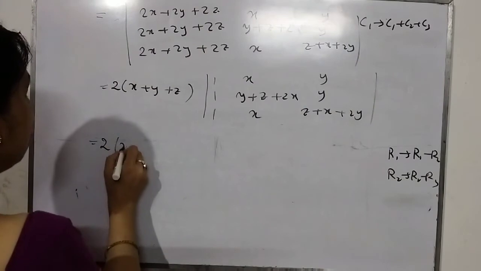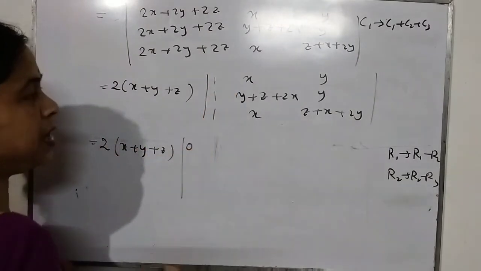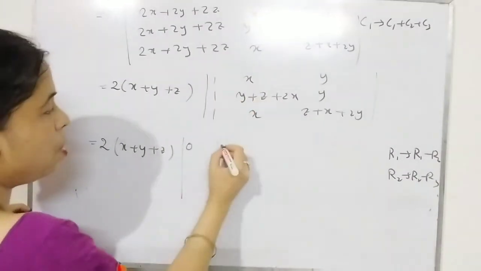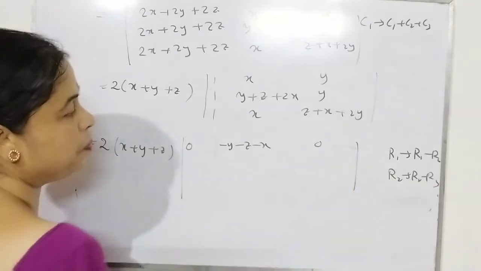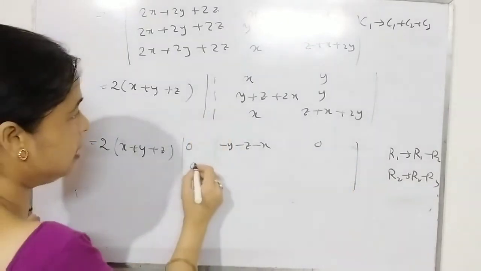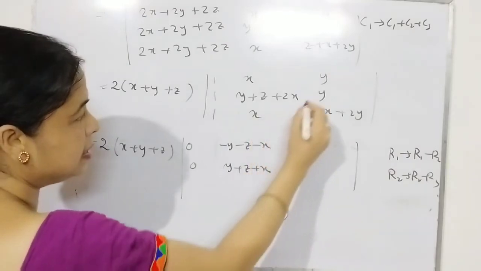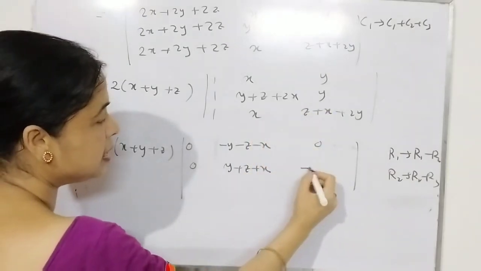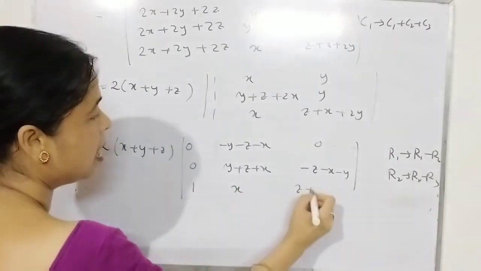That gives you 2 times of x plus y plus z. 1 minus 1 will give you 0. This minus this will give you minus y minus z minus x. It is 0. Row 2 minus row 3. The 0. This is y plus z plus x. Yes, it is minus z minus x minus y. Keep it as it is.